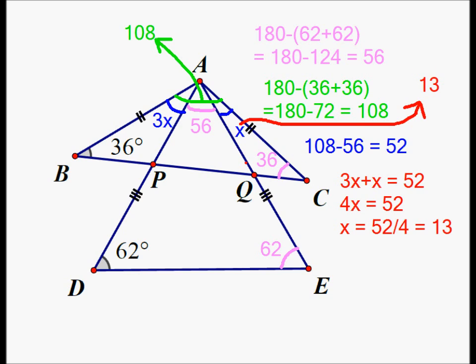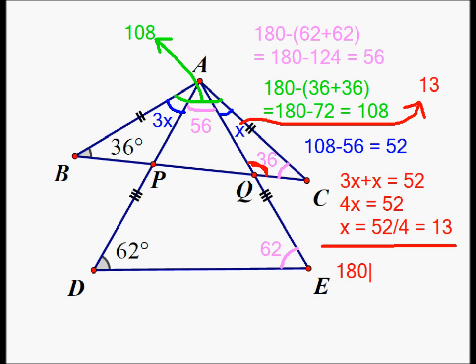We're almost done. I'm supposed to find this angle AQC. And let's do our final work here. Okay, so this angle has to be from 180. If you add the three angles of any triangle, you're going to get 180. From 180, if you subtract 13 and 36, you'll get your answer.